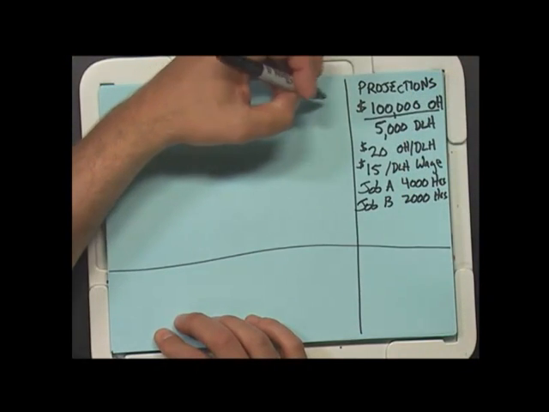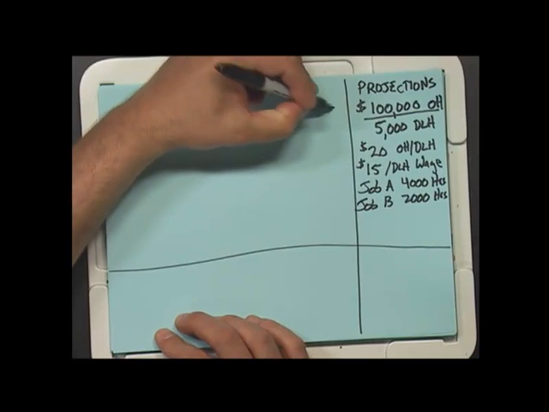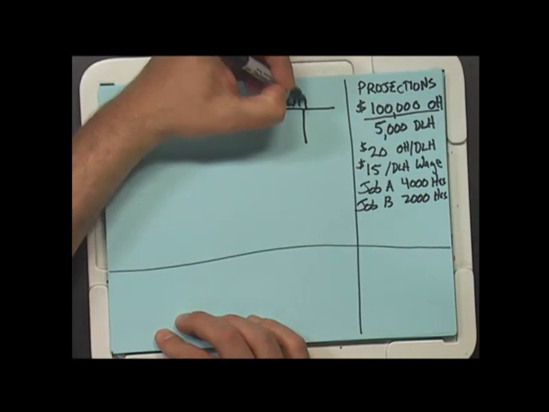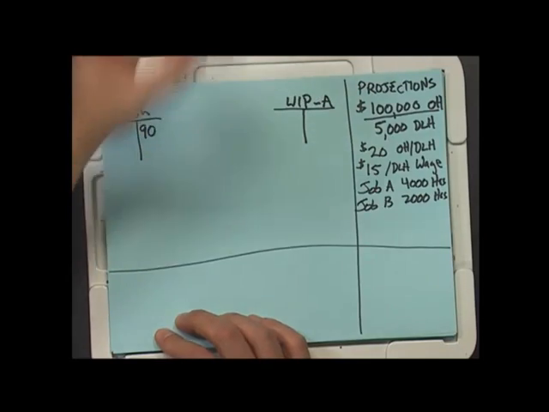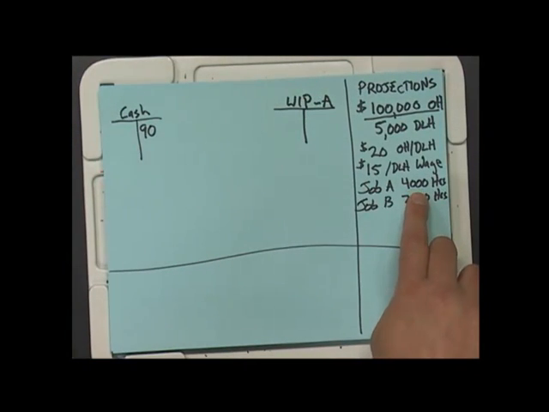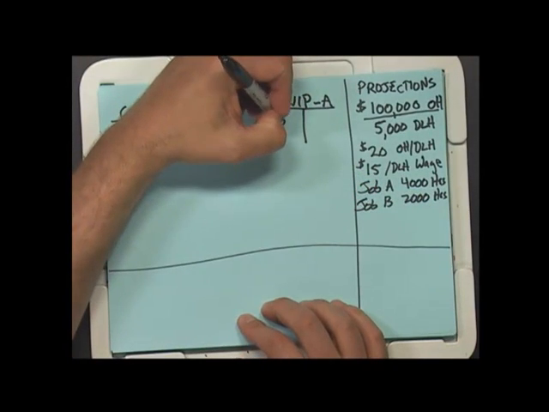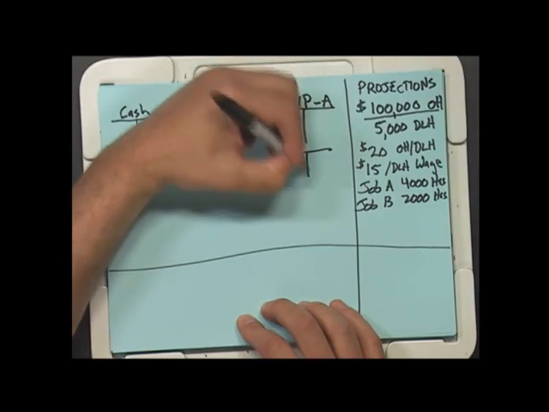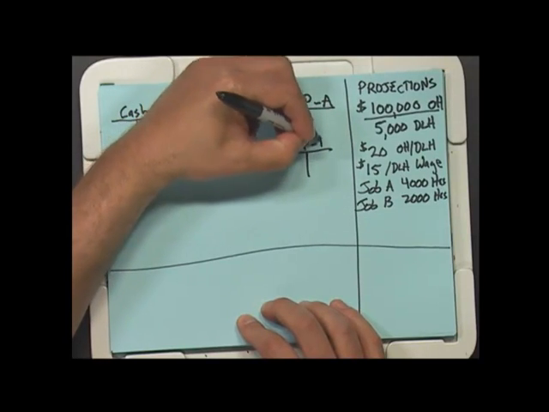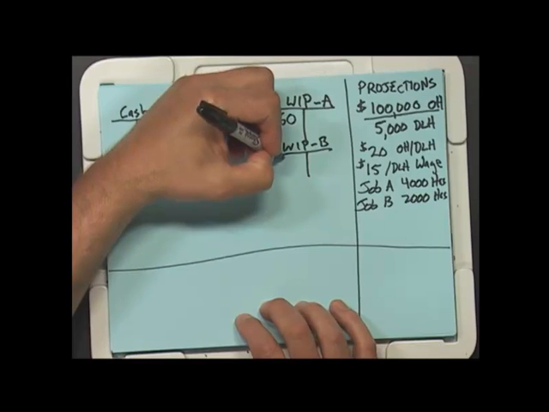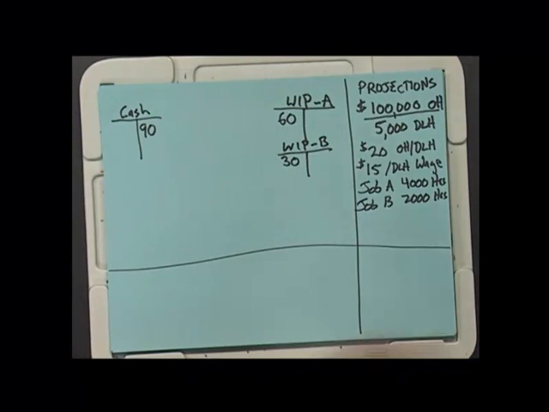And where am I going to put that? I'm going to put that directly, because these are direct costs. I know which job they're from. 4,000 hours worth is 60,000, which is going to go into job A, whereas job B is going to get 30. Okay, so those are the direct costs, right?